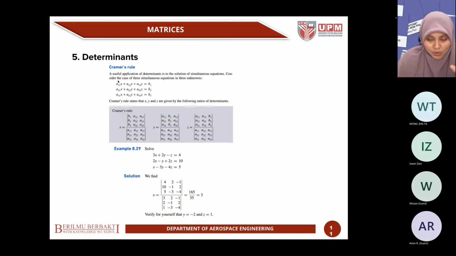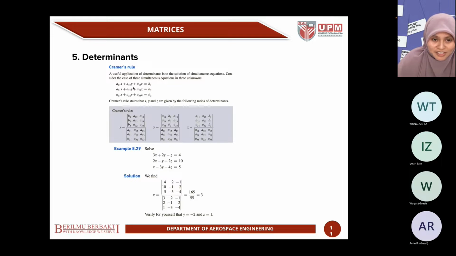So we close the column X and replace the column A11, A21, A31, the first column, with the matrix B, B1, B2, B3. So that's why we replace it here.